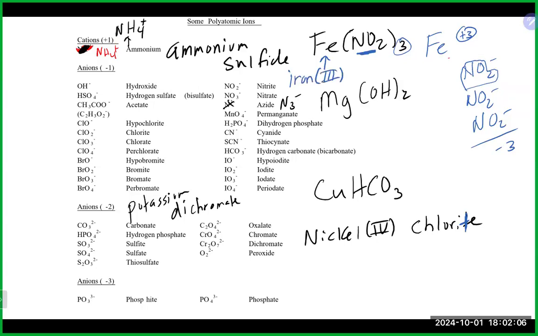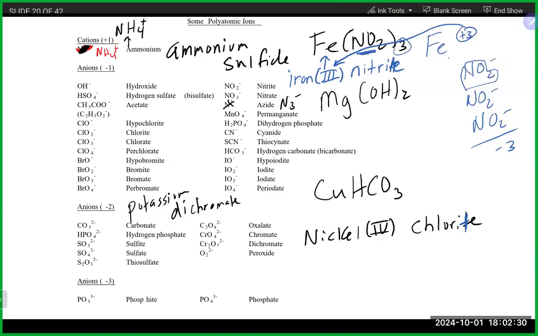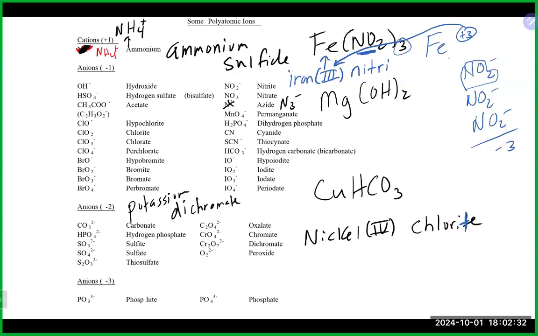And again, that is for the charge on the metal. Regardless of how many polyatomic ions you have, you just use the whole name. And that is NO2 minus, least number of oxygens there in that group of 2. And that would be nitrite. Question on that one there.